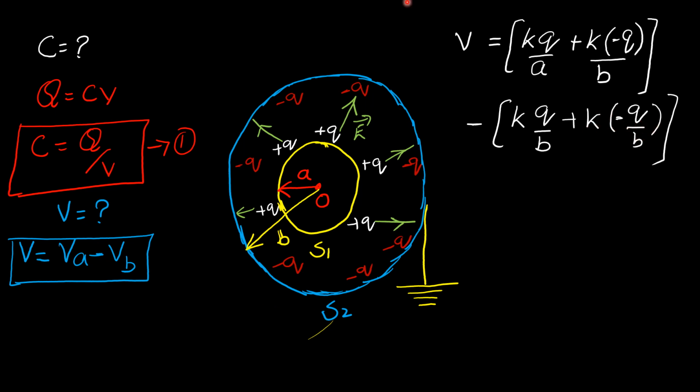So now we can calculate the potential from this equation. Let me take K and Q as constants.